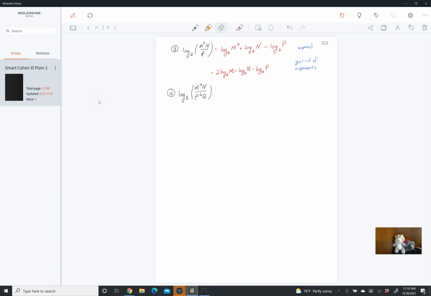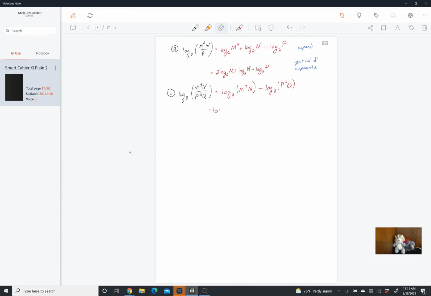So if we use the quotient property, then this gives us log base 3 of m to the 4th n minus log base 3 of p squared q. Okay. Then what we can do is we can use the product property to split up each of these because these are being multiplied. So here, the first thing, we don't need parentheses.